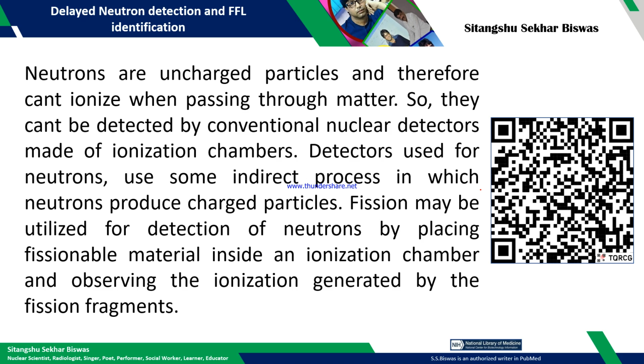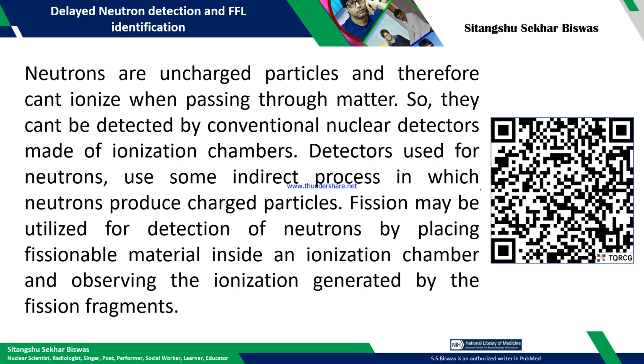Now the question is coming, how will this delayed neutron be detected? We know neutrons are neutral particles in the nucleus. Neutrons are neutral, and therefore when passing through any matter, they cannot ionize it. So they can't normally be detected straightforwardly. They cannot be detected by a nuclear detector which uses ionization chambers.